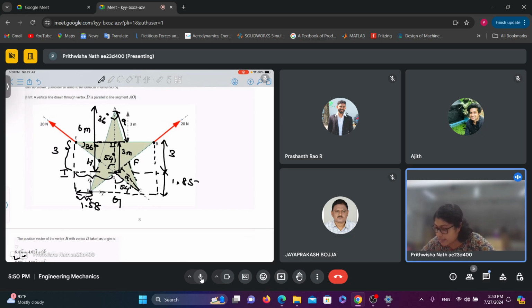The one which is acting at E or the one which is acting at B? Which force will contribute to the moment? Yes, the force which is acting at E will contribute to the moment.